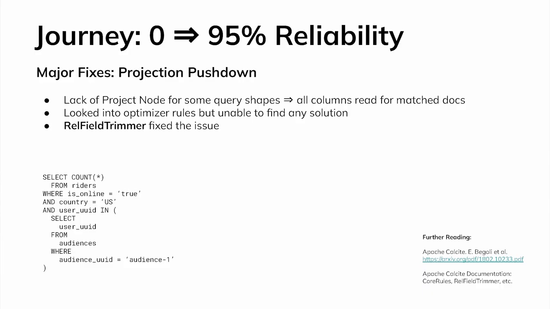By projection pushdown, in case you're not aware, I mean that when you run a query like this one, select count star from riders and so on, for the riders table you need to do an index lookup on is online and country, and you need to read the user UIDs to do the join with the audiences table, but you don't need to read any other column.